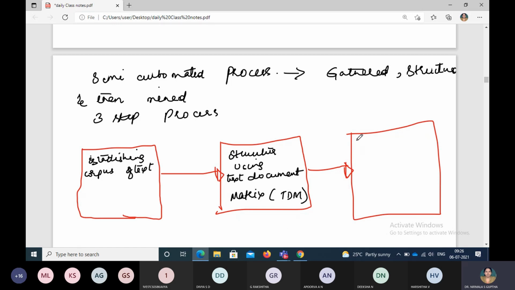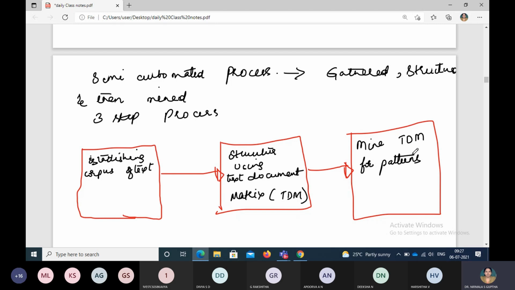The third one is the mining process, that is, mine the TDM for patterns.